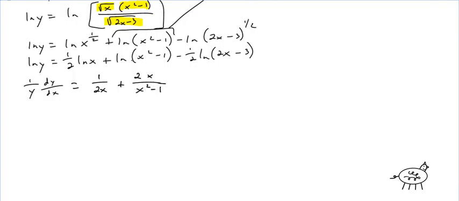Because with x squared minus 1, then the chain rule, the derivative of x squared is 2x, so that's why I get the 2x on top. Then it's minus 1/2, and that's going to be 1 over 2x minus 3. And the chain rule, again, the derivative of 2x is 2, so we're going to do 2 here. Just to simplify a little bit, that cancels out, so we actually get minus 1 over 2x minus 3.